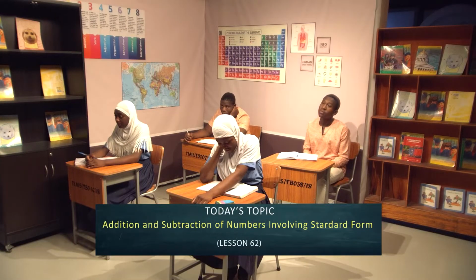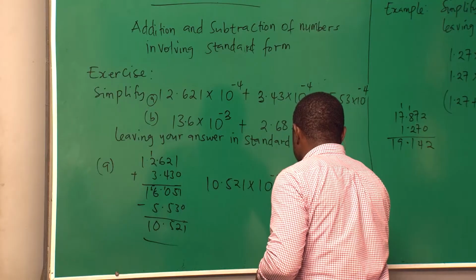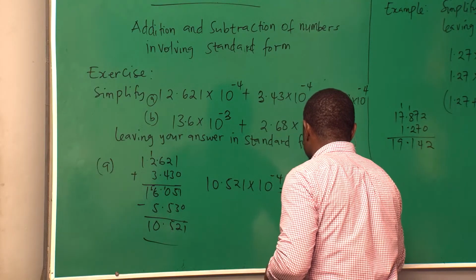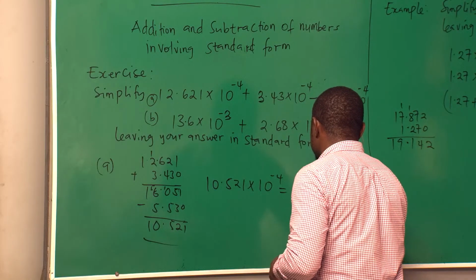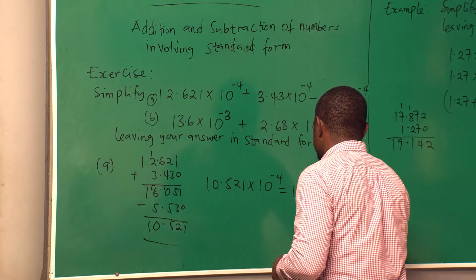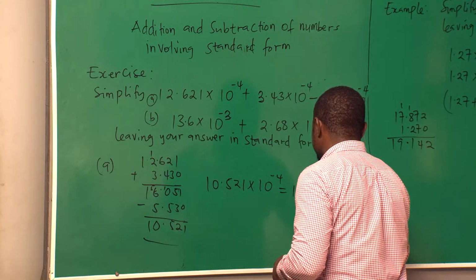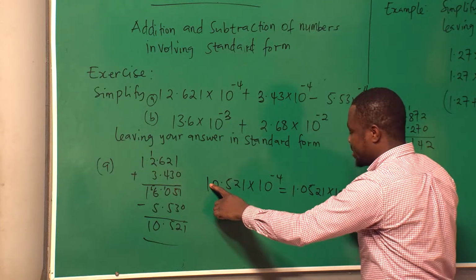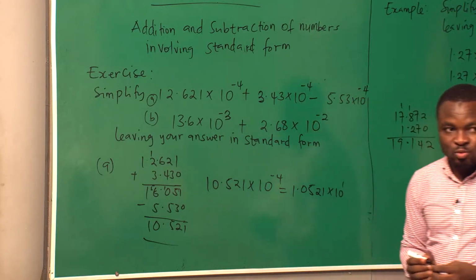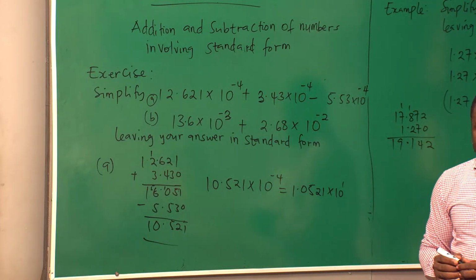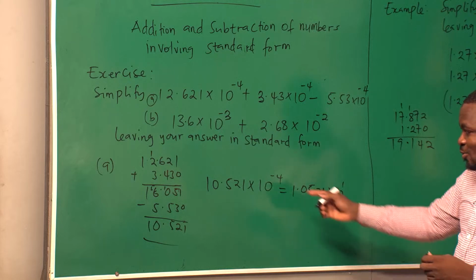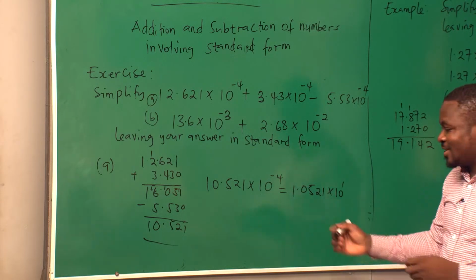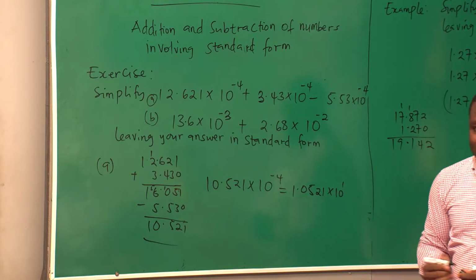1.0521 times 10 exponent 4. Because we have moved the point to the left, it will carry what? 10 exponent 1. I want us to write the 10 exponent 1 first.